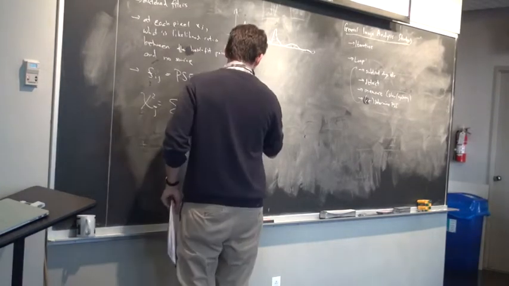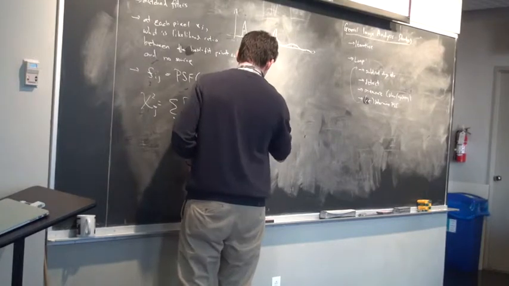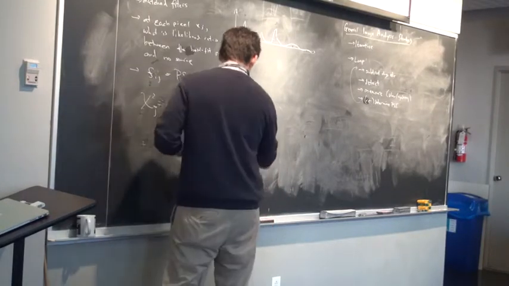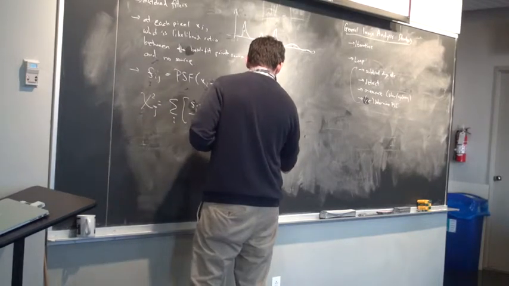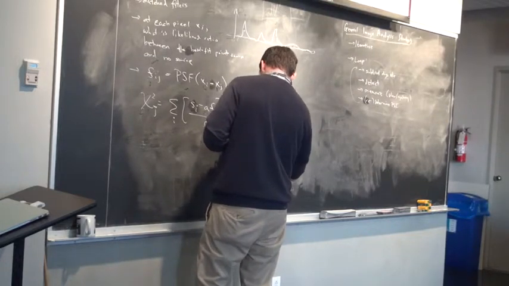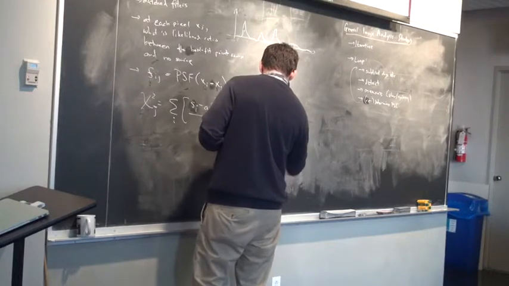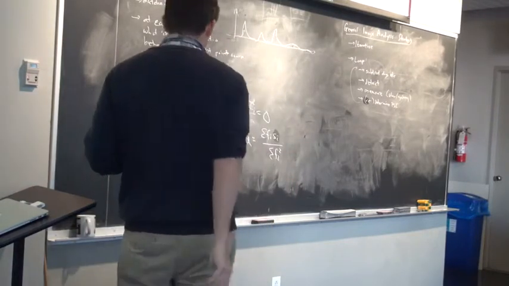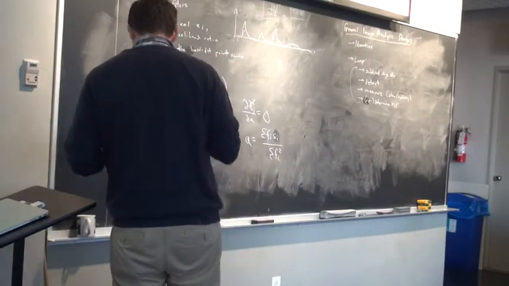Now, of course, you do that best fit by asking, when does this equal 0? The math there is very simple. It tells you that A is the sum over i of F_i S_i over the sum over i of F_i squared. It's just a linear fit, so you get the normal linear regression formula.